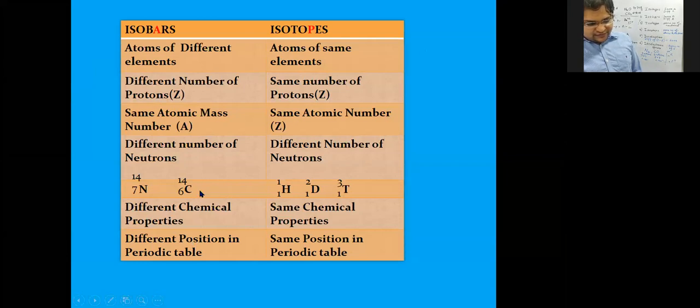Example देखो समझ में आएगा. Different number of protons, same number of protons. Atomic mass number is same. Here atomic number is same. See, what decides the chemical properties? Number of electrons decide the chemical properties. If the number of electrons are same, I can say the chemical properties are also same. Can you copy this please in the notebook, everyone?